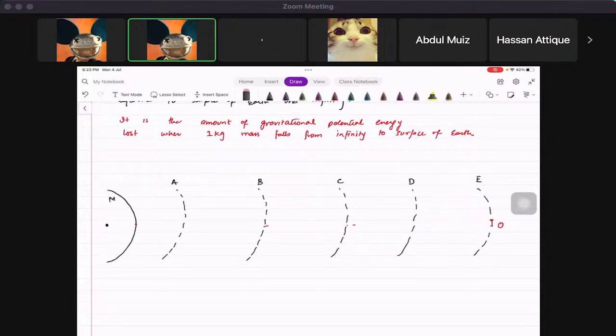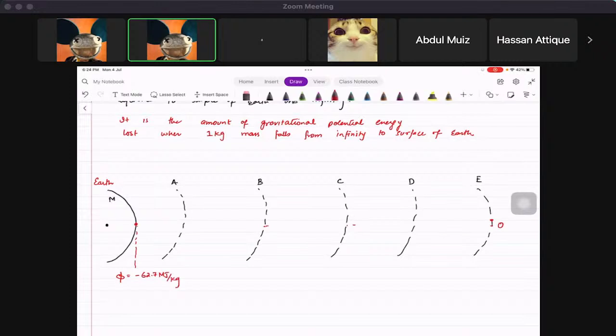Now, suppose that this is our earth, and just like in the previous question, we know that at the surface the potential is minus 62.7 megajoules per kilogram, and at infinity it is 0.